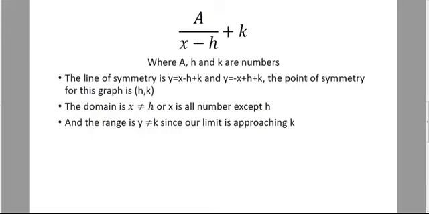The point of symmetry for this graph is h, k. This point of symmetry is also where these two lines meet. The domain is x does not equal h, or x is all numbers except for h, and the range is y does not equal k, since our limit is approaching k.